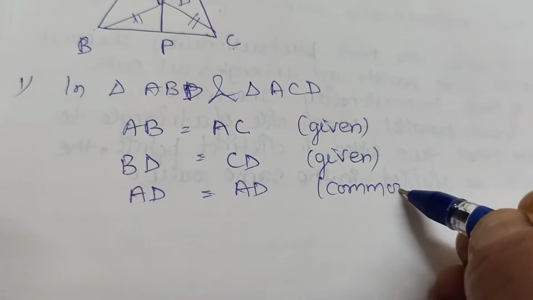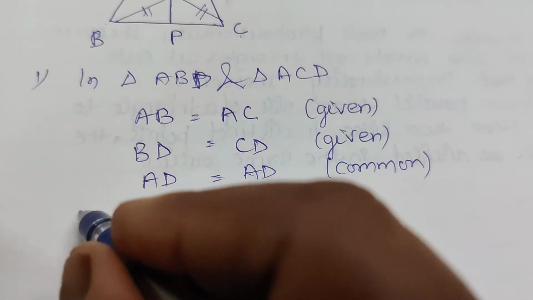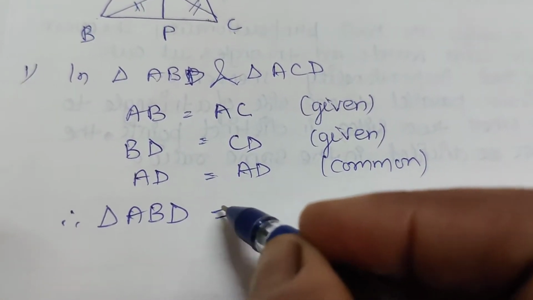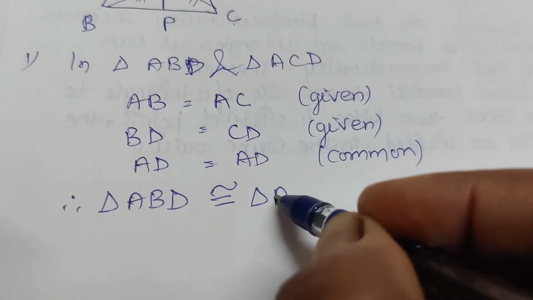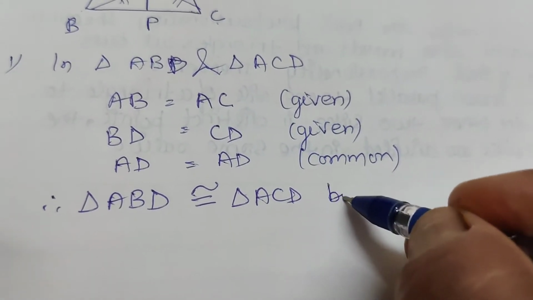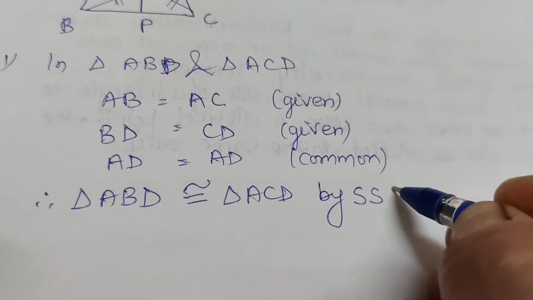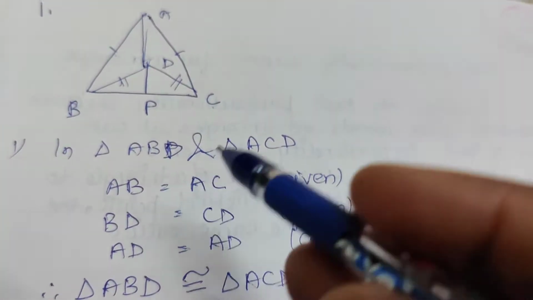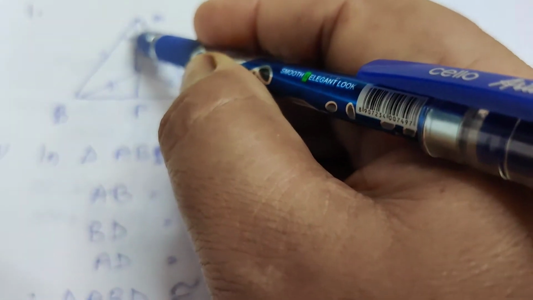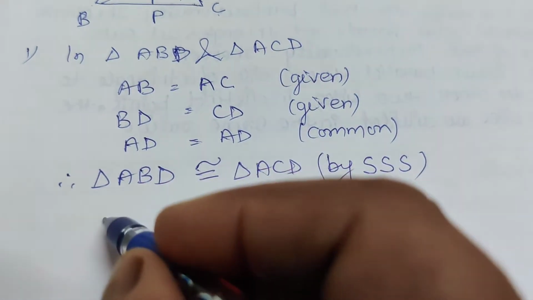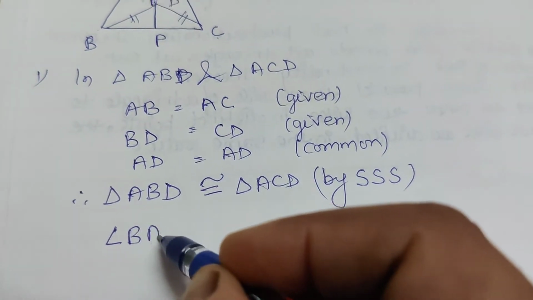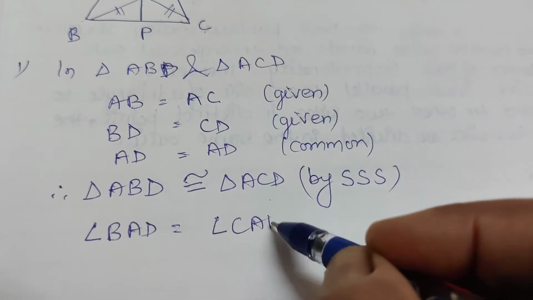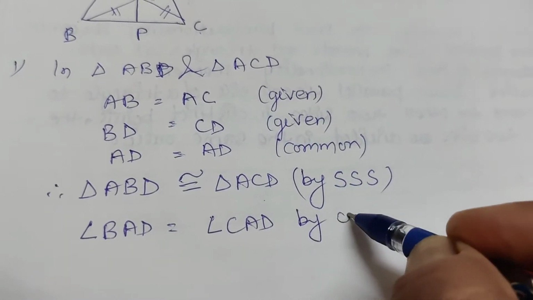Therefore, triangle ABD is congruent to triangle ACD by which property? Side, side, side. SSS. And by this congruency, we can find the angle BAD equal to angle CAD by CPCT.